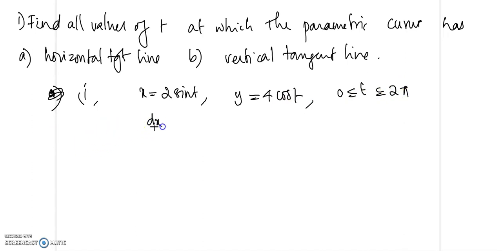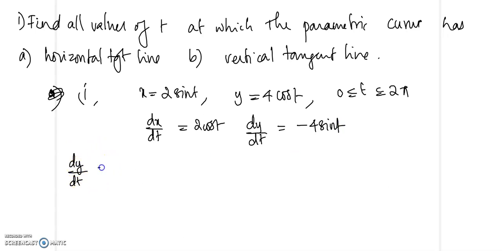Let us write down the value of dx by dt, which is equal to 2 cos t, and dy by dt equal to minus 4 sine t. Let us find the values where dy by dt equal to 0. dy by dt is 0 when sine t is equal to 0, and in the interval 0 to 2 pi, sine t is equal to 0 when t is equal to 0, pi and 2 pi.